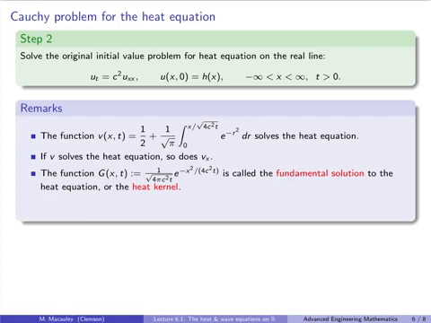Let's write this function that we just got as capital G of x, t. This is sometimes called the fundamental solution to the heat equation, which I'll explain momentarily, and it's also called the heat kernel. The word kernel comes from the kernel of a linear operator, because it is a function in the kernel of d/dt minus c squared d squared/dx squared.